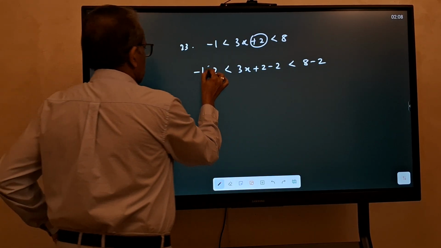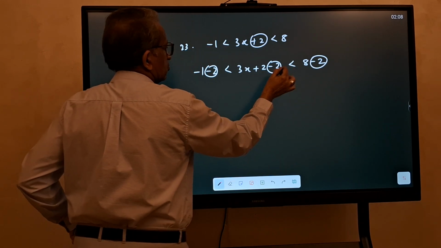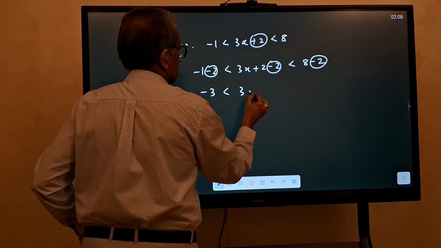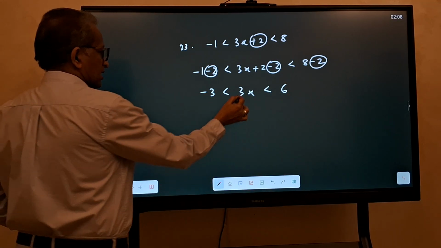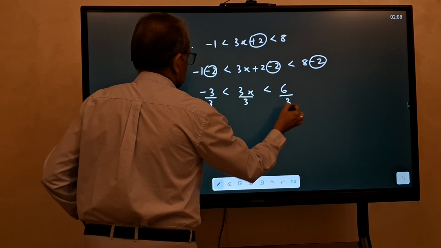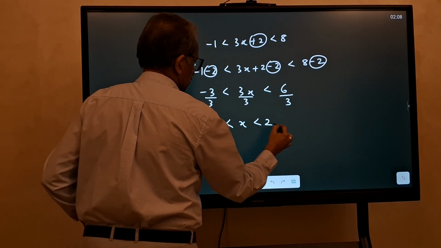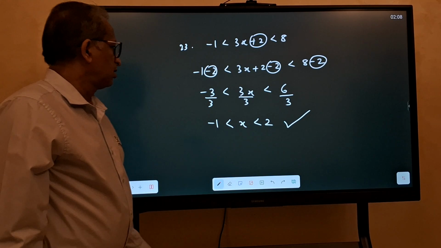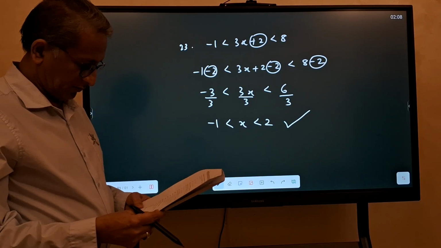You see, minus 2, minus 2, minus 2. 2 minus 2 cancels. Minus 3, 3x, 6. Now I will cancel 3. Divide by 3. So minus 1, x, 2. Answer. This is how we solve questions from 20 to 23.